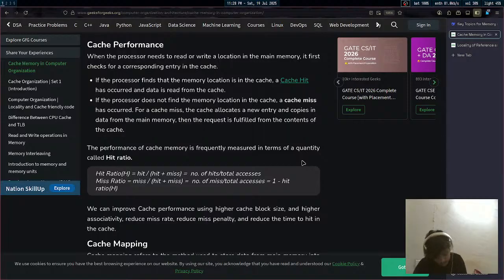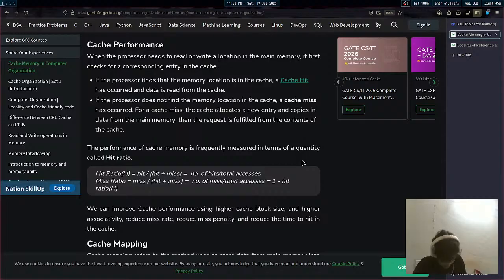On a cache miss, it will go to memory, RAM probably, or just memory in general. I should write it as memory, right? I think that will be wise. And memory will first return data to the processor and cache.